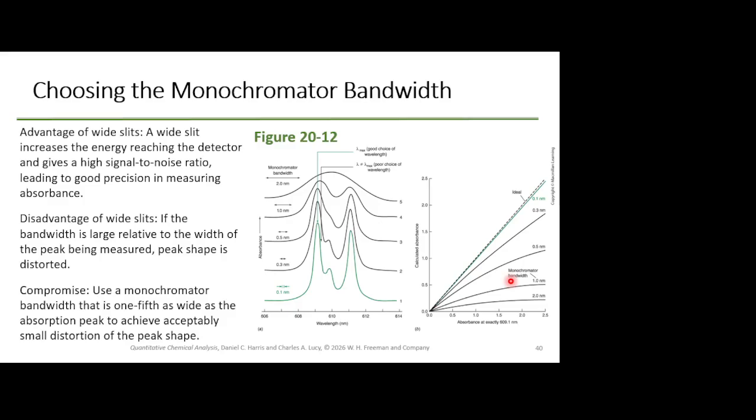Typically, you're going to use a monochromator bandwidth that's 1/5 as wide as the absorption peak. It's going to give you a small distortion of your peak shape while still giving you your maximum intensity. And that's what you're seeing here. For example, realistically speaking, is this much better of a spectra than this one?